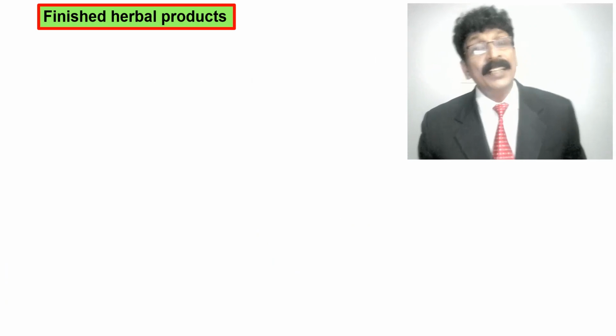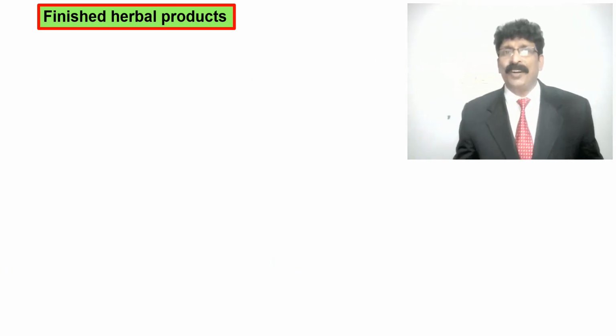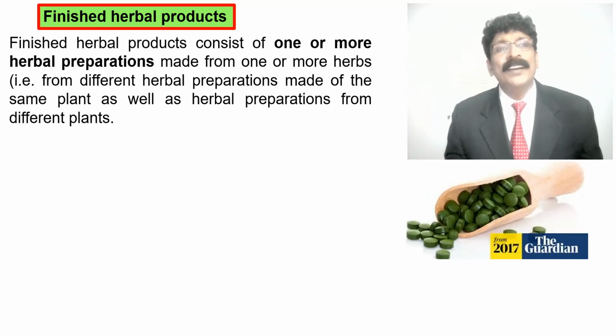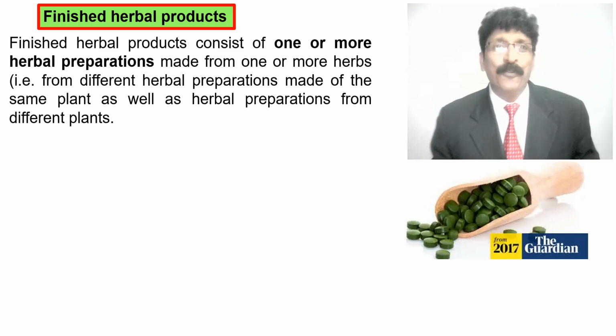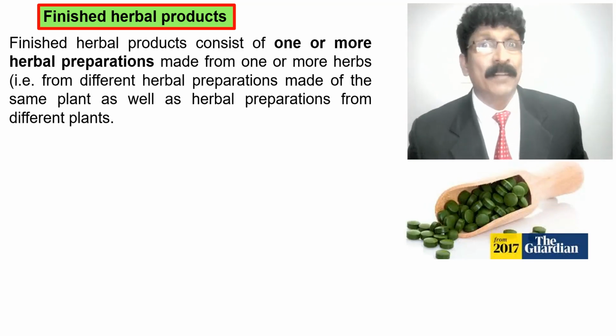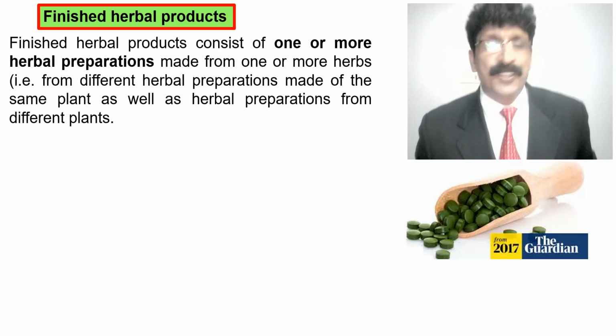Finished herbal products. Definition. What is finished herbal products? Like tablets, capsules, many other formulations, mixture of herbal products, herbal materials, mixture of medicinal herbs.